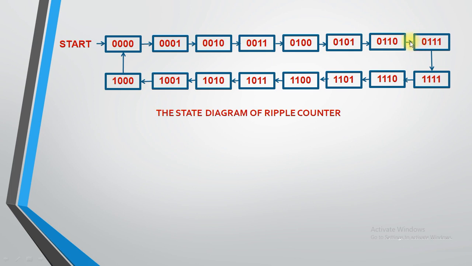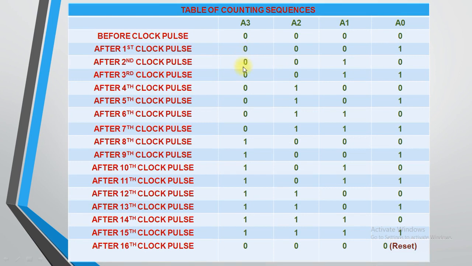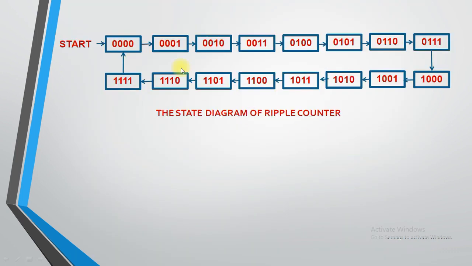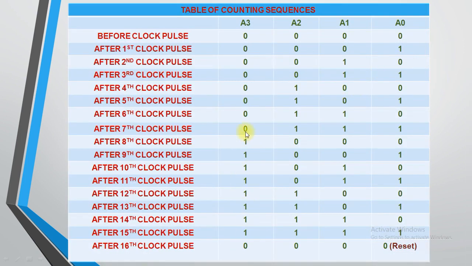See over here. What is the last combination related with 0? 0111. Now after reaching the last combination related with 0, we have the combinations related with 1. So 1000 is the first combination, after reaching the 7th clock pulse. 1000.